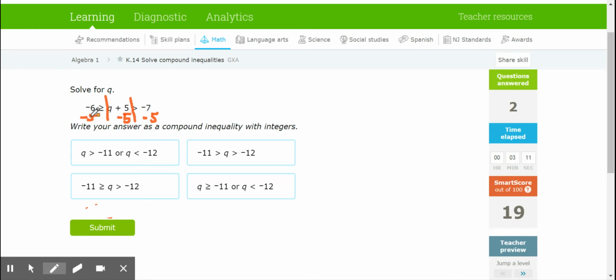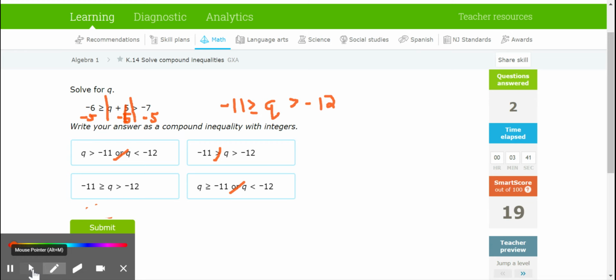So negative 6 minus 5 gives me negative 11, which is less than or equal to. That cancels, and I've just got q isolated in the middle. That's a greater than, and negative 7 minus 5 is going to be negative 12. So I need, that one doesn't have an equal to. Looks like these are ors, so those are gone. So by default, it's got to be this one, and it looks like it is.